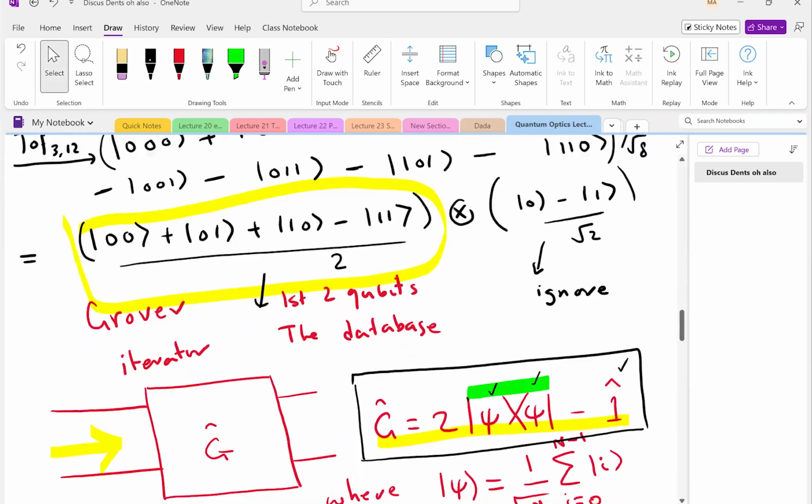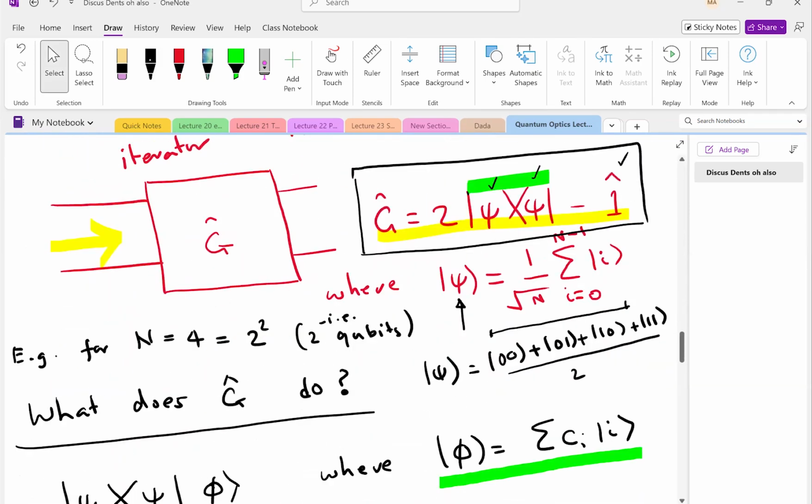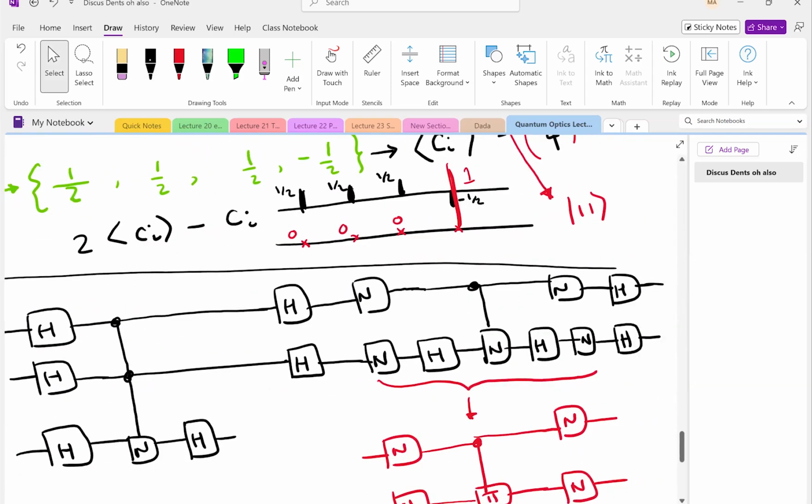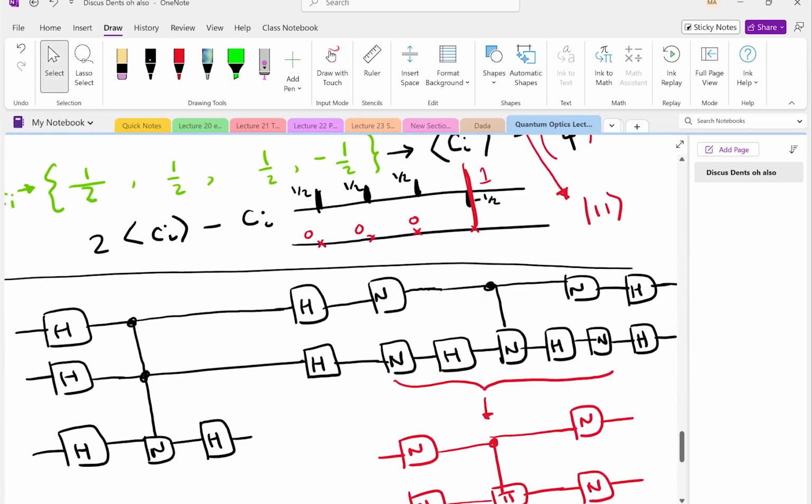So now if you want to build the Grover iterator in terms of a quantum circuit, this is the circuit that one would have to build. Now this looks very unwieldy and very unprofessional, but this is what it really is. In the earlier implementations of quantum computing, you started off with this very complicated quantum circuit.